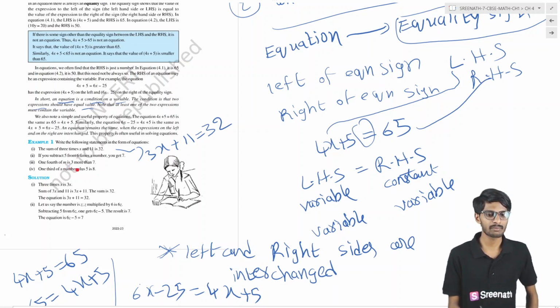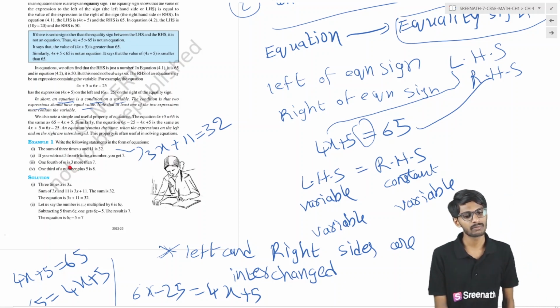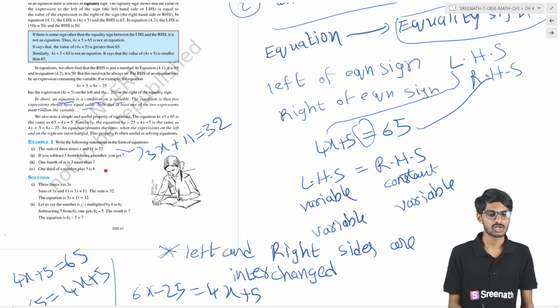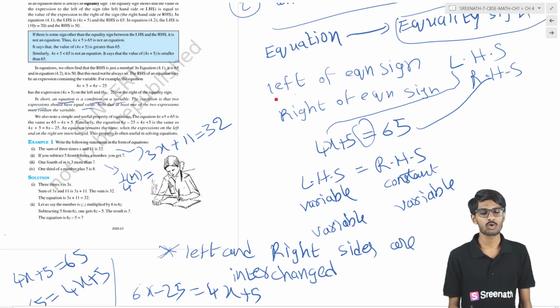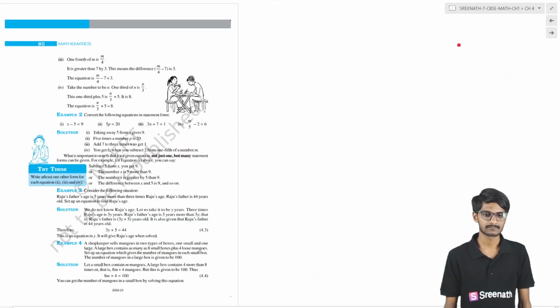And 1/4 of m is 3 more than 7. So basically what is given here? 1/4 of m, which means m by 4, is equal to 3 more than 7. What is 1/4 of m?